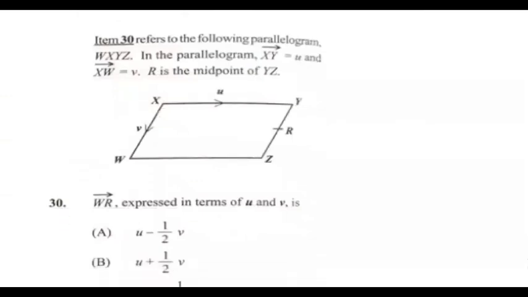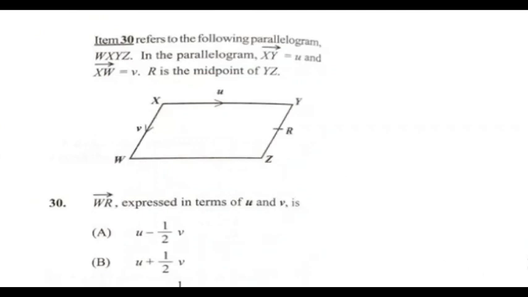30 refers to the parallelogram WXYZ. In the parallelogram, XY is equal to U and XW is V. R is the midpoint of YZ.